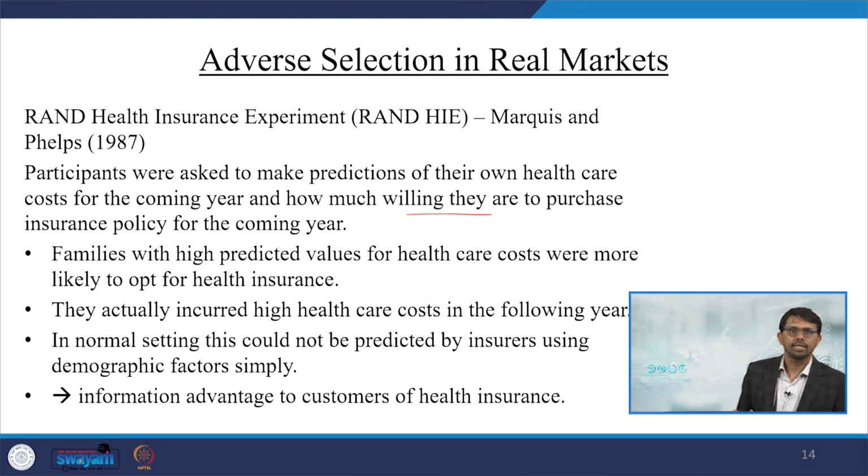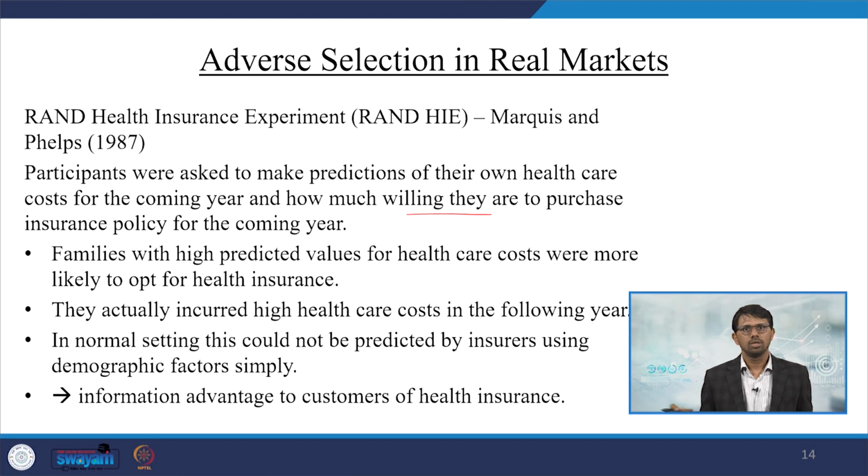Families with high predicted healthcare costs were more likely to opt for health insurance, and they actually incurred high healthcare costs in the following year. In a normal setting, this could not be predicted by insurers using demographic factors simply. Customers of health insurance have an information advantage.